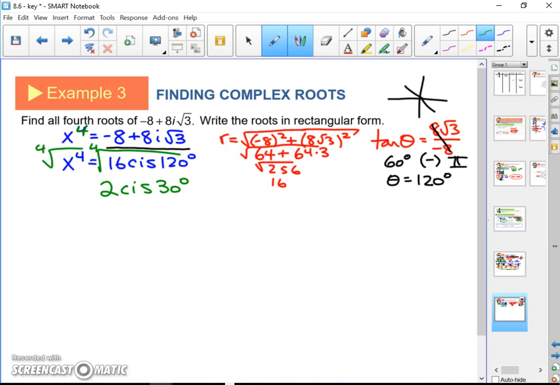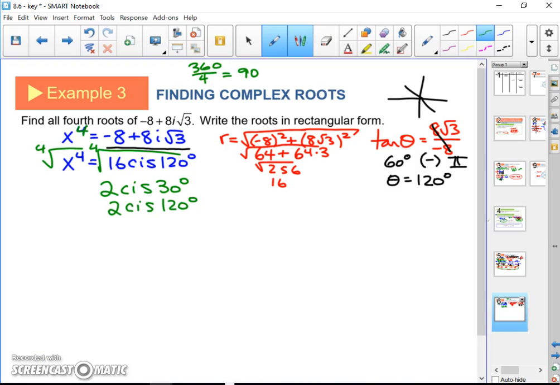X to the fourth shows me there are going to be 4 complex numbers here. I've got the first one. To get the others, if there are 4 vectors in the plane, they must be 90 degrees apart from each other, so let's add 90.